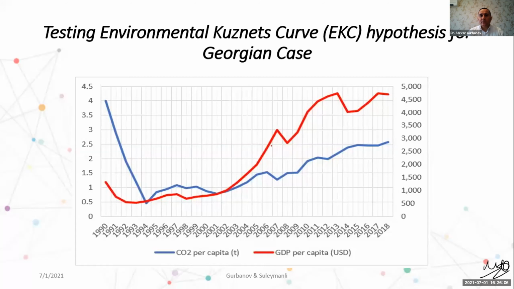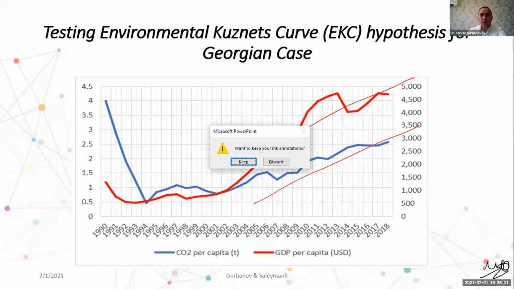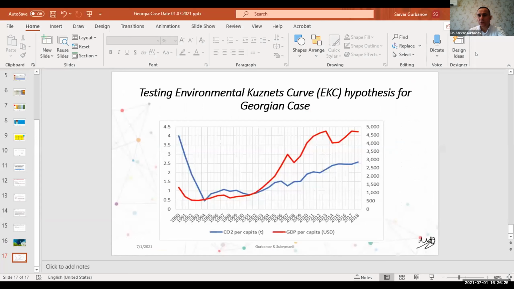We can't say that it's happening. So we are going to try our best to look at the environmental Kuznets curve hypothesis tested for Georgia, and we will see the results. So that is the brief introduction about our study. Thanks for your patience. I'm very sorry for talking too much.